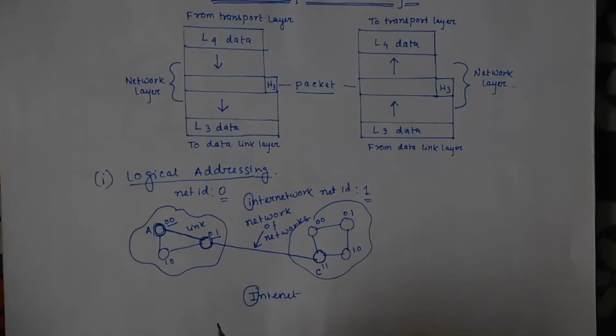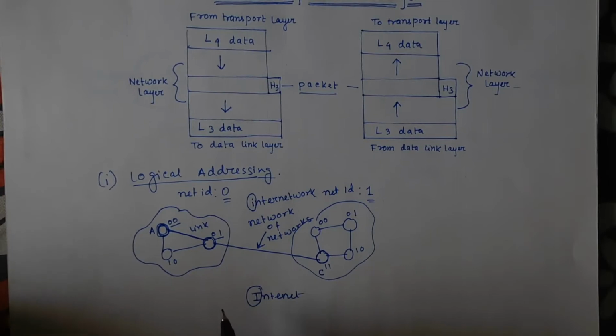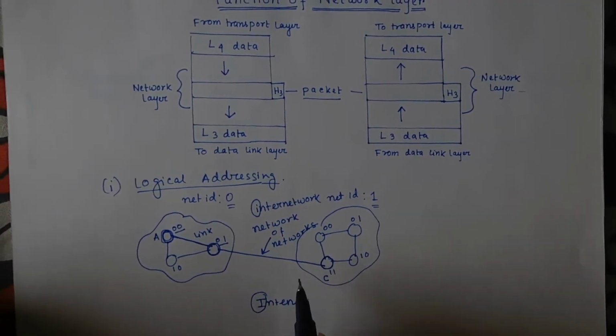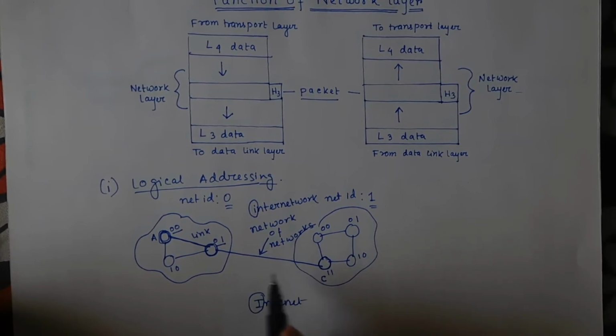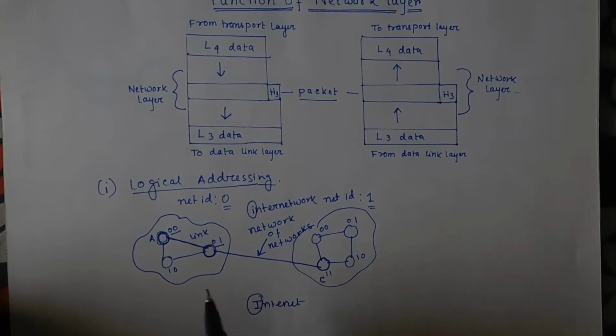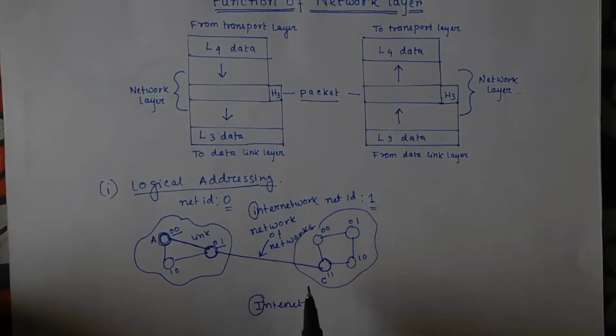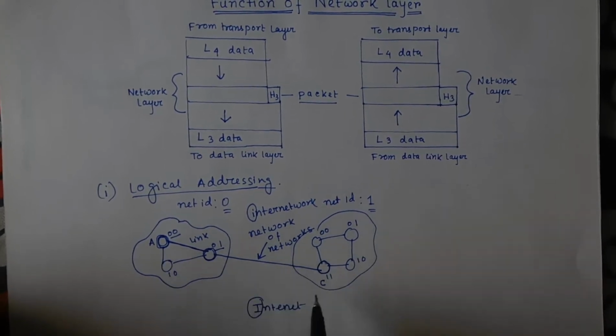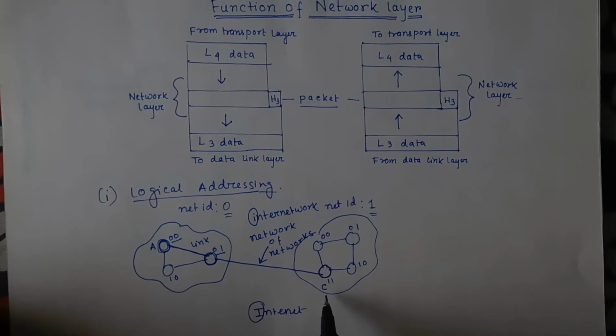Now when we have independent network connections, which is called network of networks or internetwork, and we transmit the data between two different networks, we have to find a route, maybe A to C. A is source and C is destination.